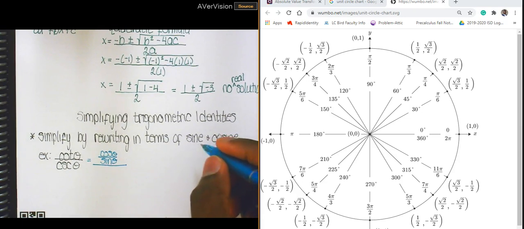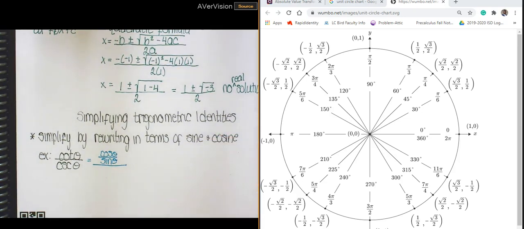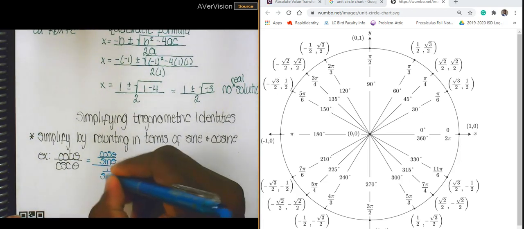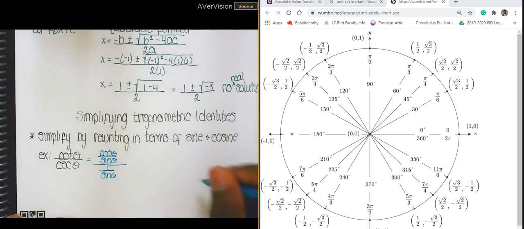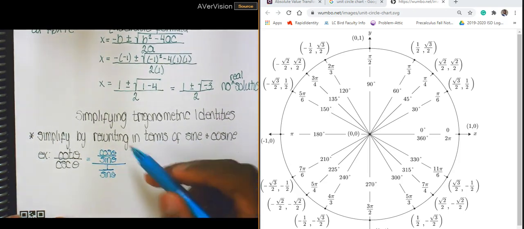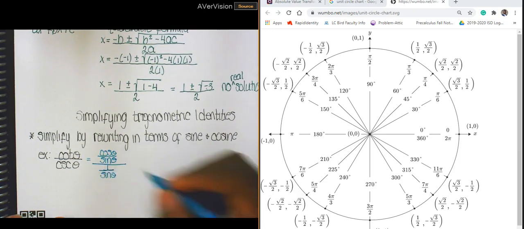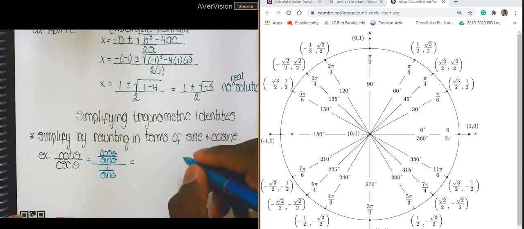What about cosecant? Cotangent is cosine over sine, and cosecant is 1 over sine. Now we have a fraction being divided by a fraction. That's the same thing as what?